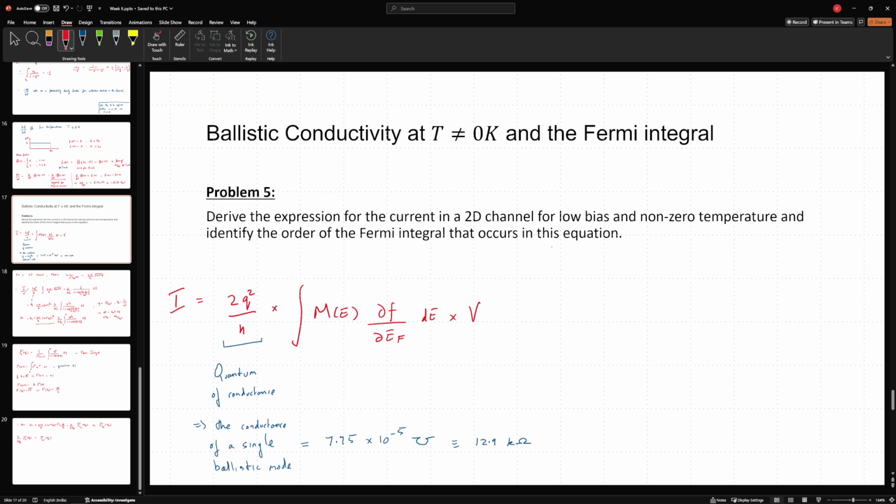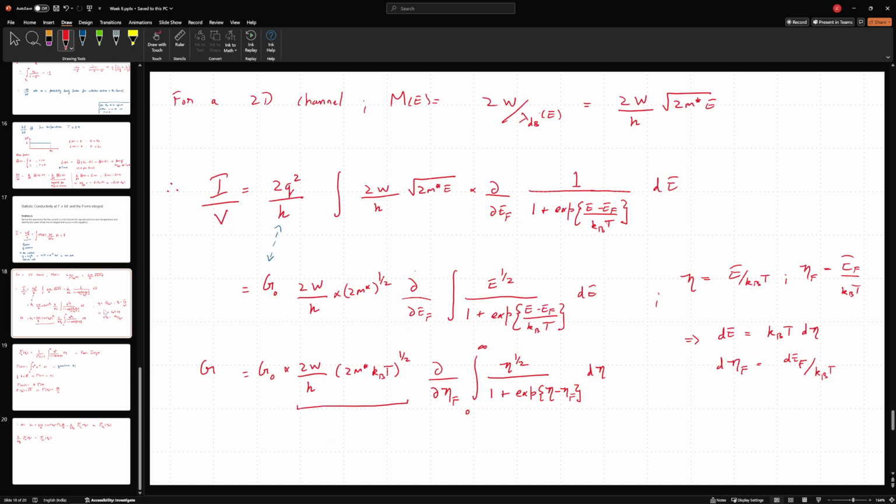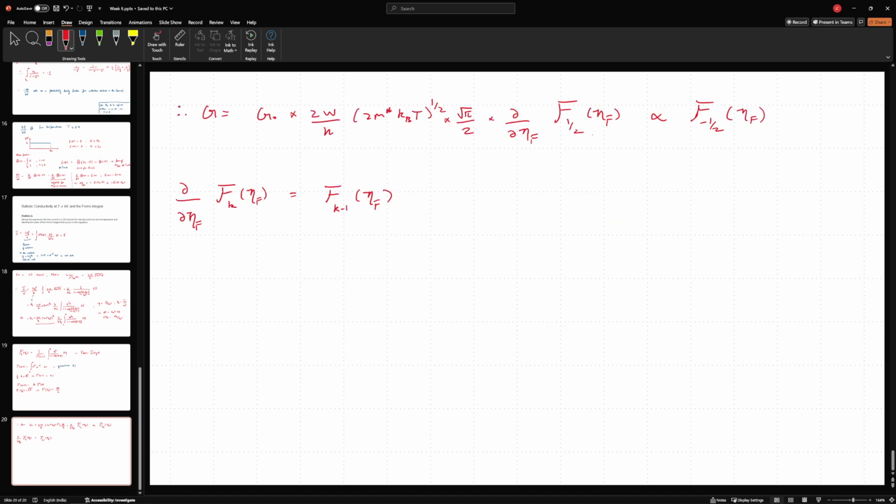So to answer this question, now we have the full expression here. We have written them in terms of the Fermi integral over here. And now we see that the relevant order of the Fermi integral is eta to the power minus half. Therefore, Fermi integral of order minus half is what is used.